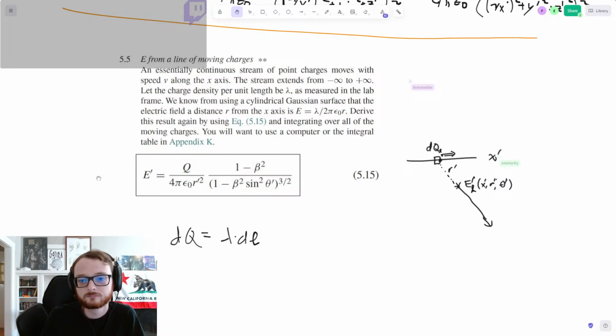It's all field calculations. But 5.8 is asking about the force. I mean, both things are experiencing a force, right? Whether it's moving or not.